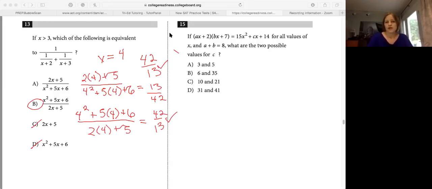So let's talk about if we didn't use a trick like choosing numbers. Let's talk about how we would do that using math.